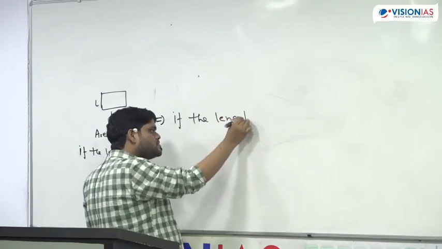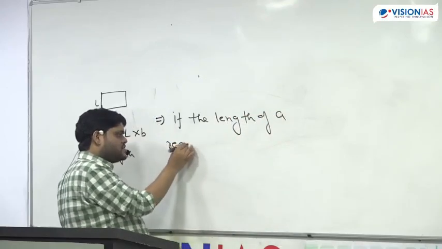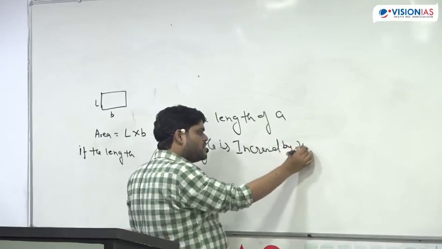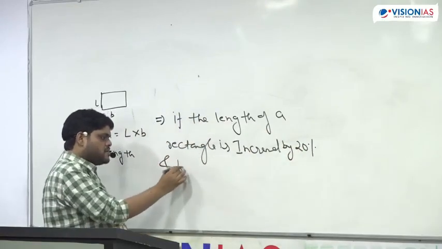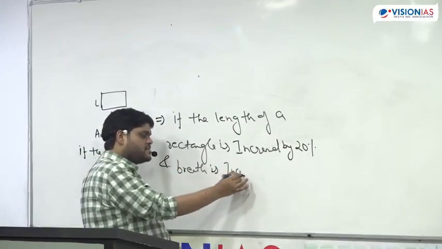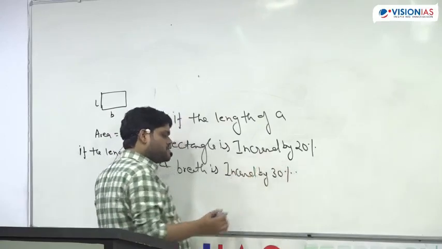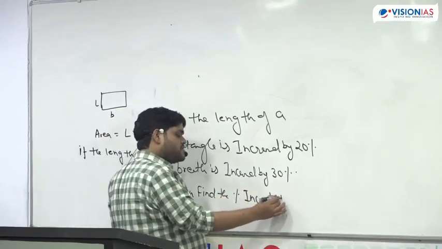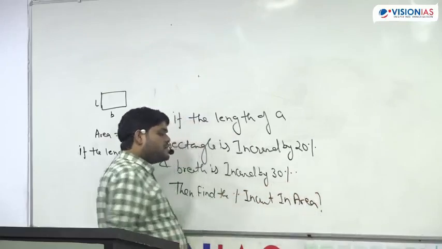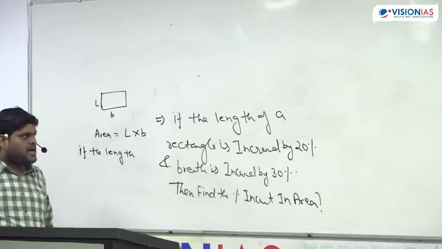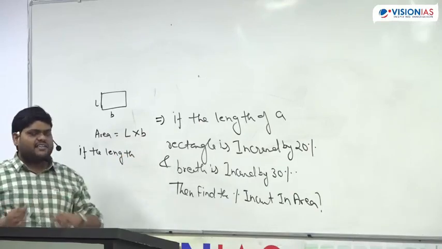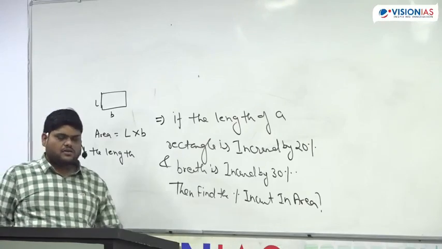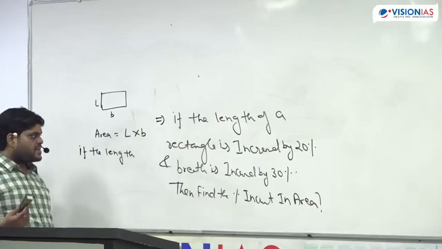If the length of a rectangle is increased by 20% and breadth is increased by 30%, then find the percent increment in area.